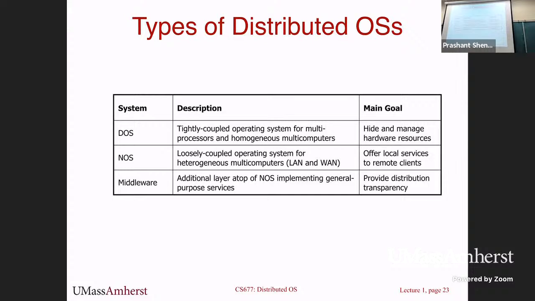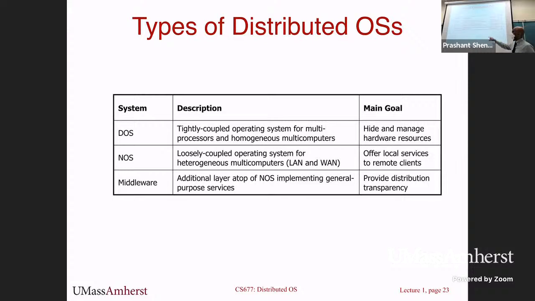All of the OSs you access on your laptop and servers are actually network operating systems, because they allow you to manage one machine and work with other machines. They have network functionality, but they don't hide lots of the resources that a distributed OS will hide.